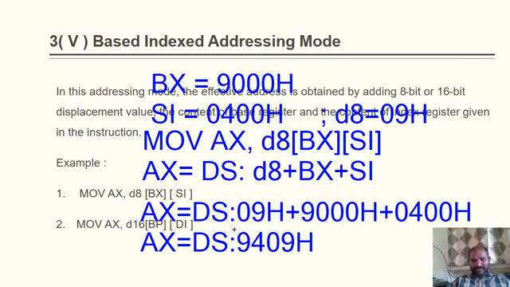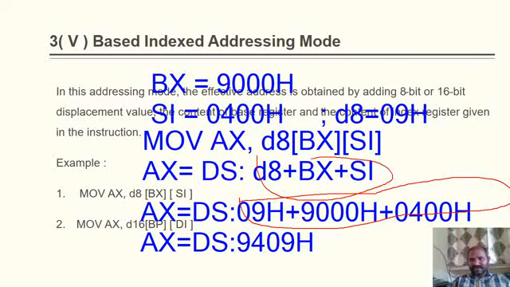So by adding the contents of these three registers, we form the complete offset address. The final offset address used in this particular instruction is 9409H.